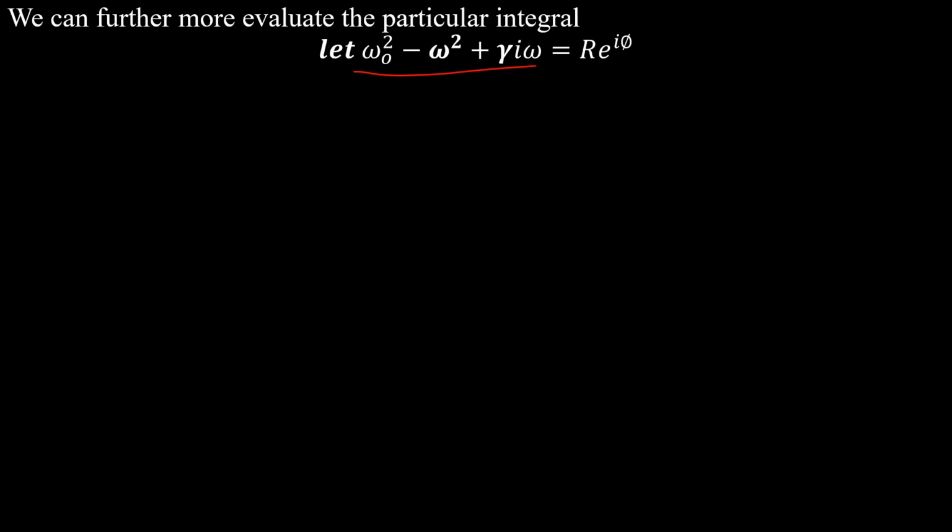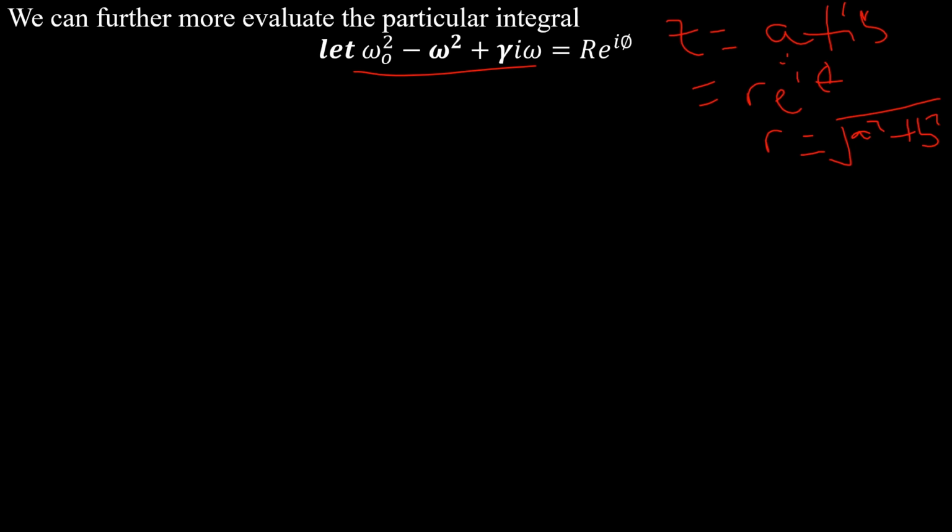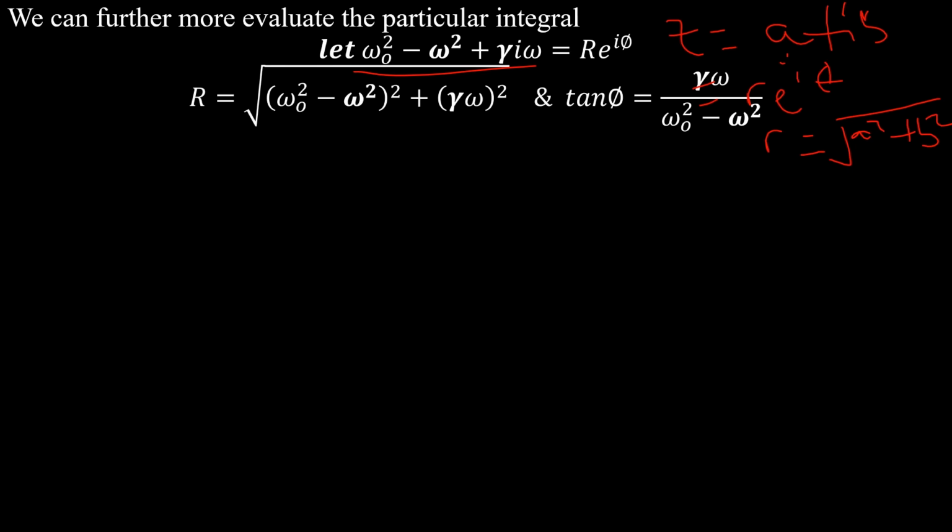If you remember, when z is equal to a plus ib, then it's equal to rho e to the power of I theta, where rho is the square root of a squared plus b squared. So this is going to be our capital R in this case, the square root of this.